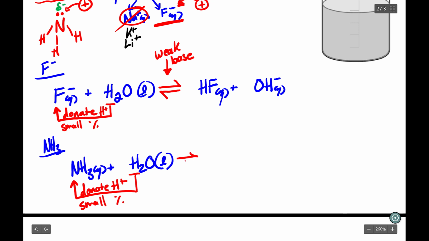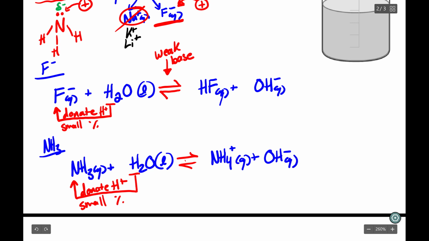Because of that, this is in equilibrium and has an equilibrium arrow, and it becomes NH4. Now again, it has an extra H because it's gained an H, but it's also now positive because that is a positive thing. So this is aqueous, and what's left of water is OH minus.